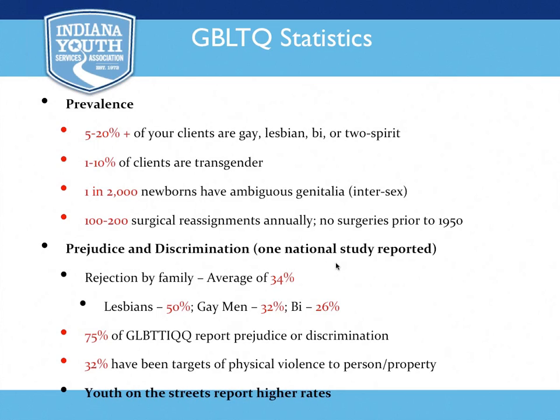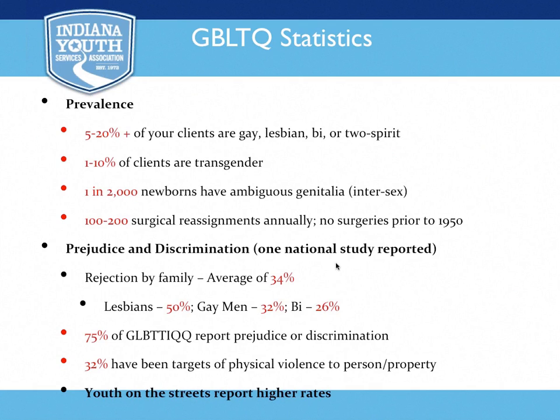And if we look at a national study around the prejudice and discrimination that these young people face, we'll see that an average of 35% of young people, we're talking about under the age of 18, who have disclosed being gay, lesbian, bisexual, transgender, experience rejection by families.